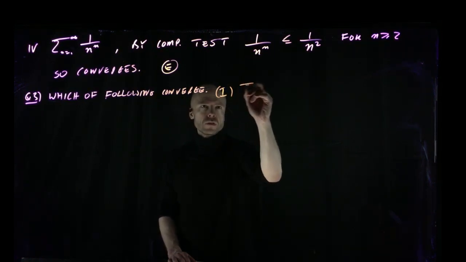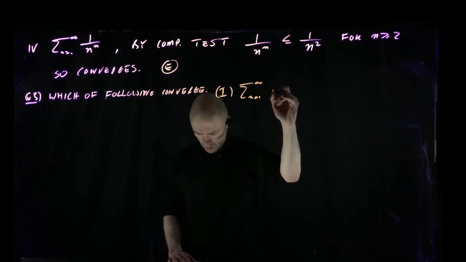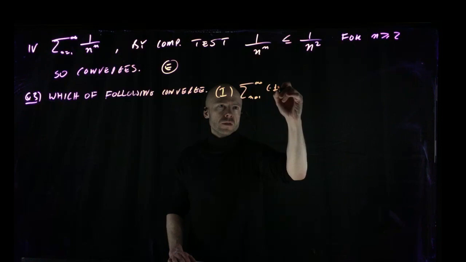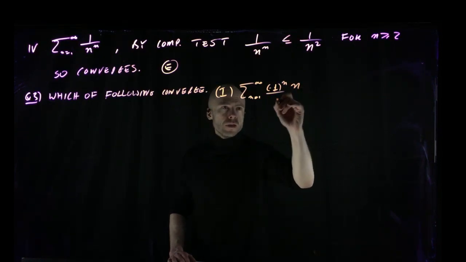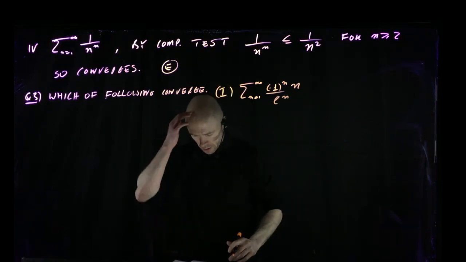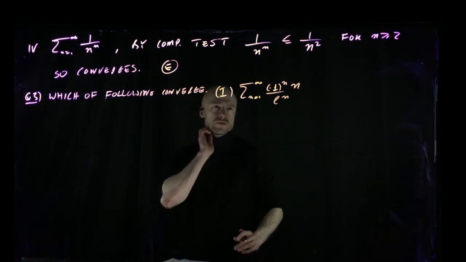First series: the sum from n equals 1 to infinity of (-1)^n over e^n. Actually, let me just do them one by one rather than write them all out. So this is our first guy.